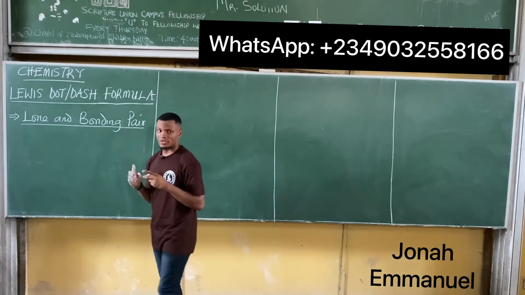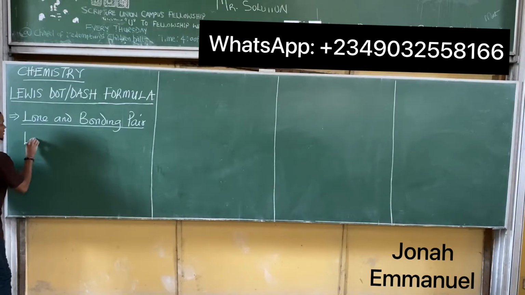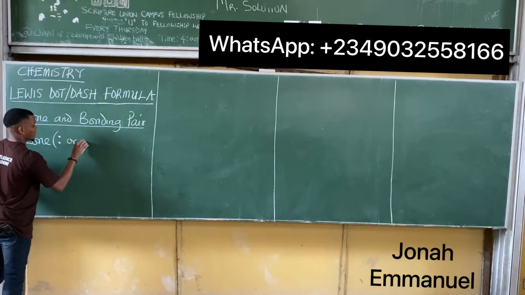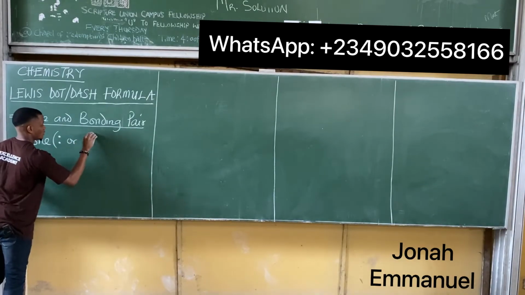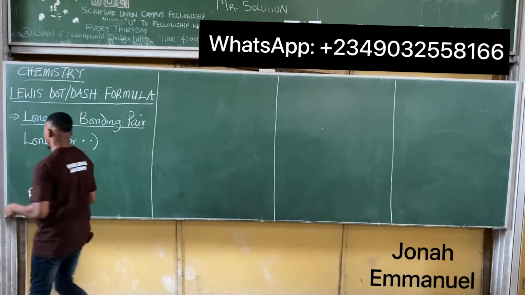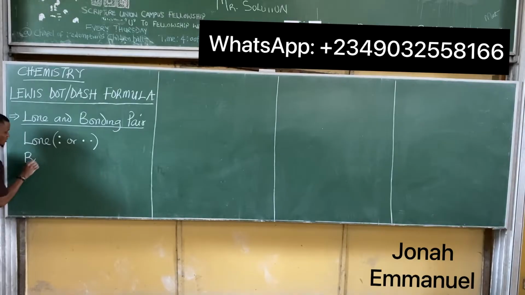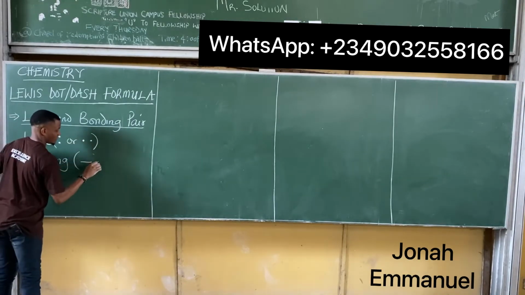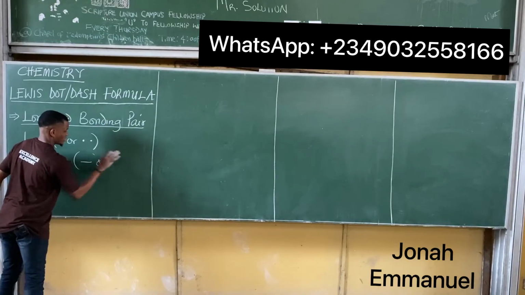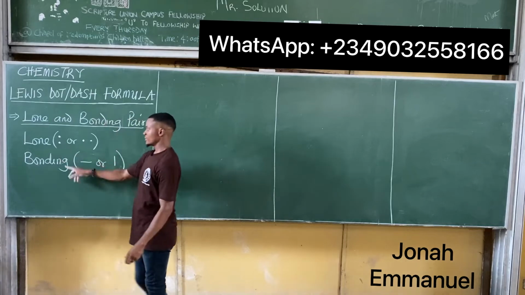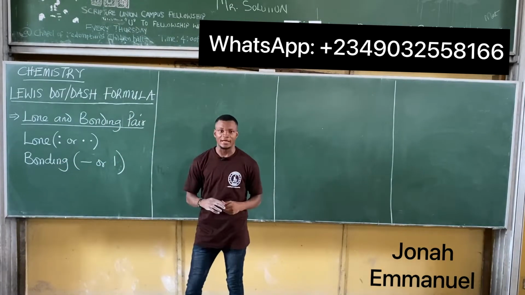Note that lone pairs are represented by dots, while bonding pairs are represented by dashes.